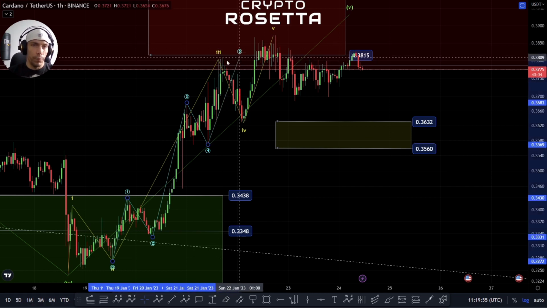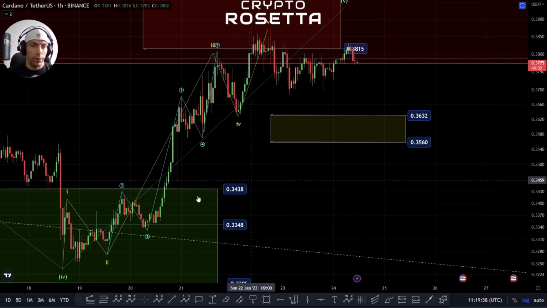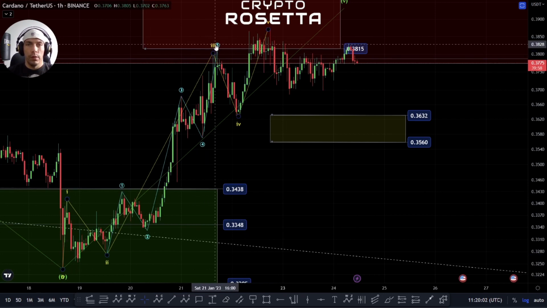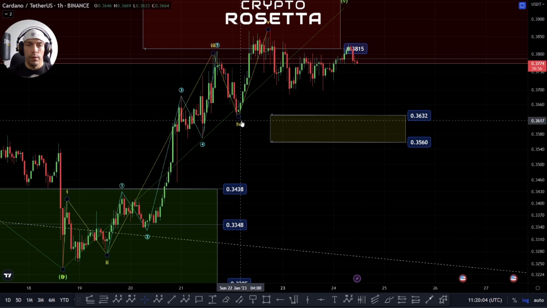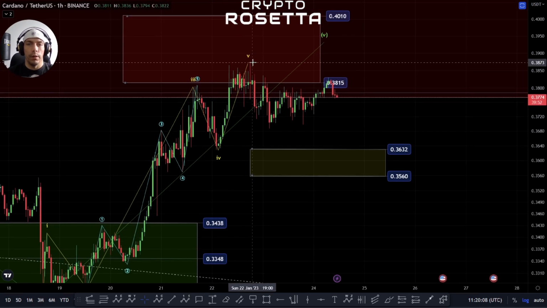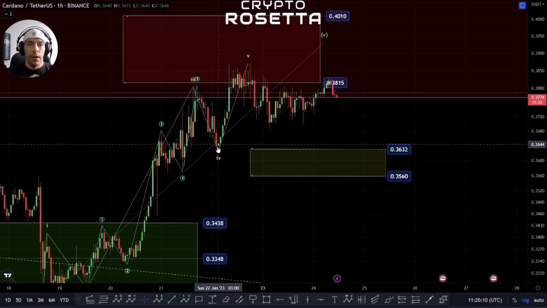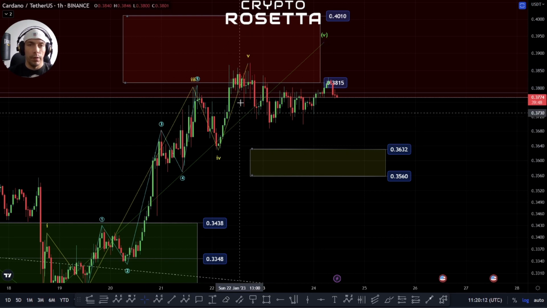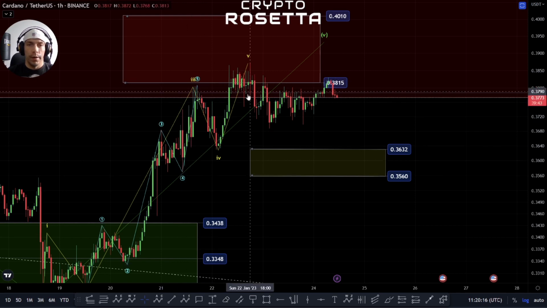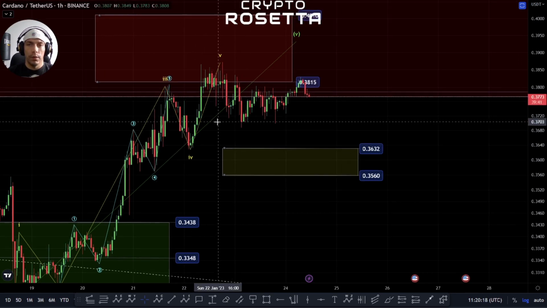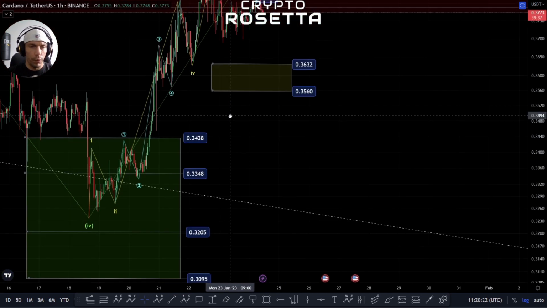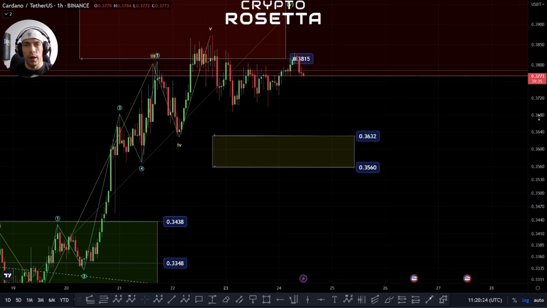So this is possible that this teal move completes here, and then we would have an additional 1, 2, 3 into this high point, zigzag down here for a fourth, and then potentially a fifth wave up here. The problem that I have within some of these structures is there is a little bit of overlap. So it is throwing the count slightly, but for the most part, it does look possible that this is completed into this high point here.